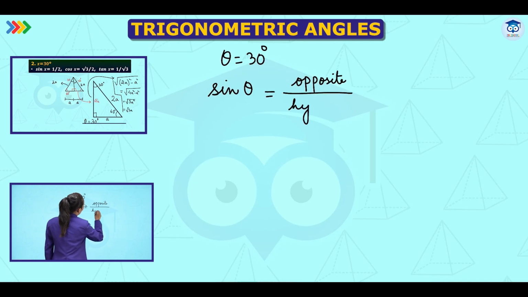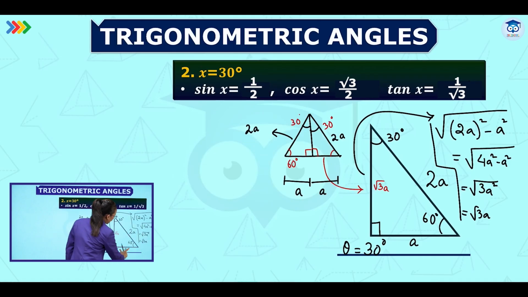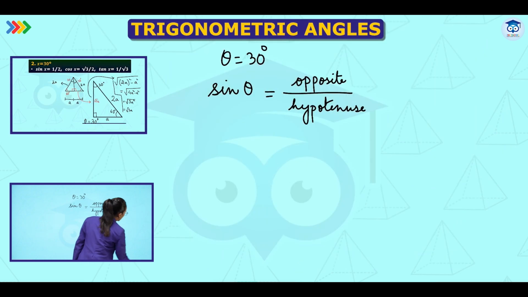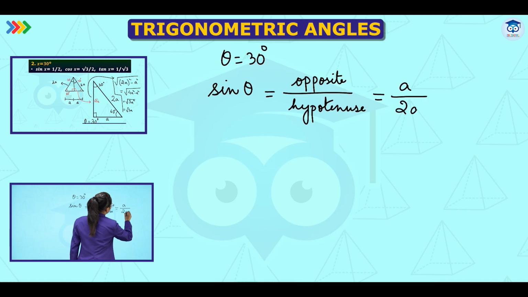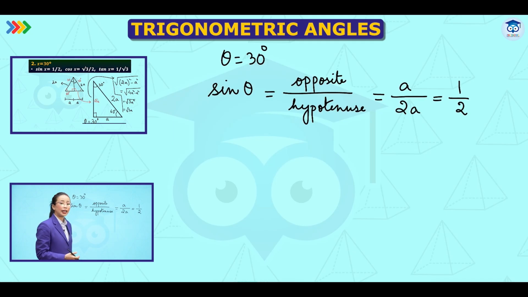Opposite in this case is A, and hypotenuse is 2A. Therefore, we have sine x is A upon 2A. So this is nothing but 1 upon 2. So sine x is 1 upon 2 when the value of x is 30.